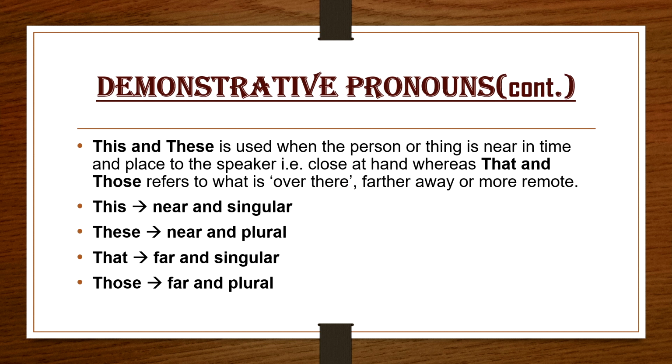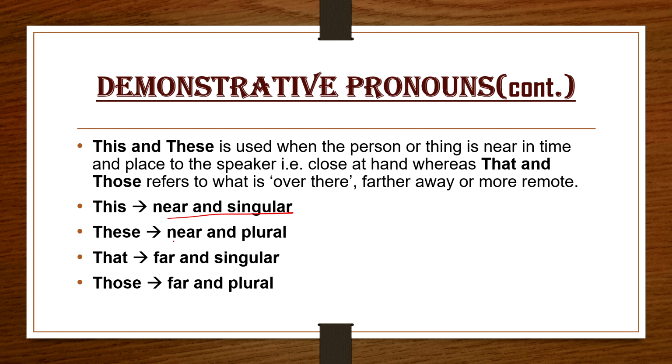Now, this and these are used when the person or thing is near in time and place to the speaker, that is close at hand, whereas that and those refer to what is over there, farther away or more remote. So, this is used when something is near and singular.